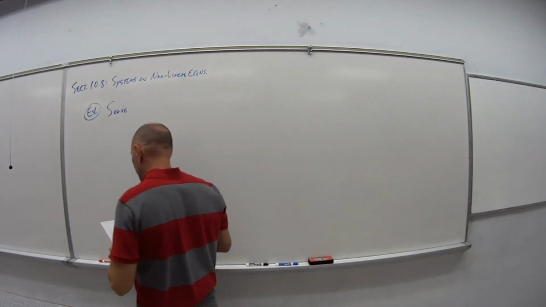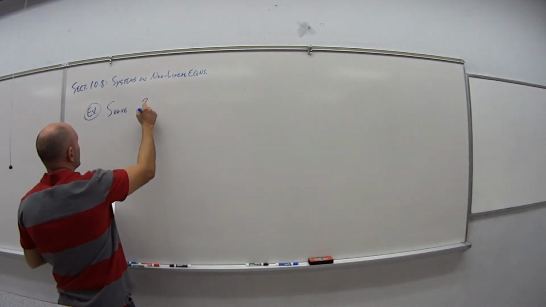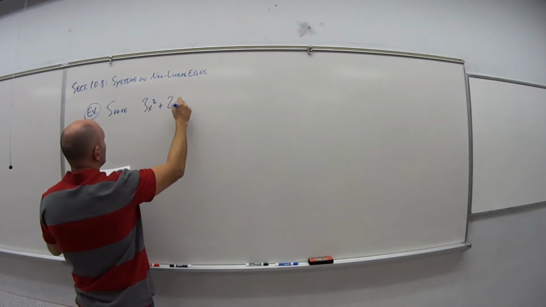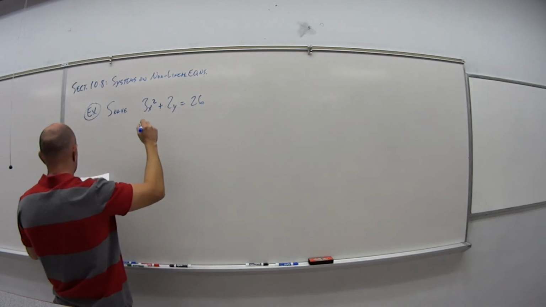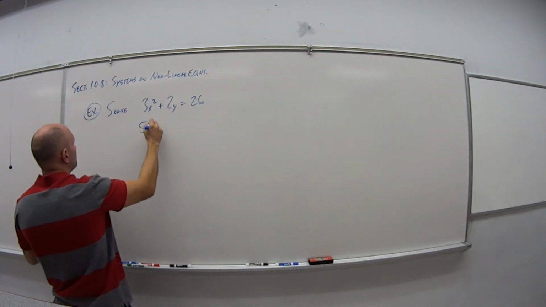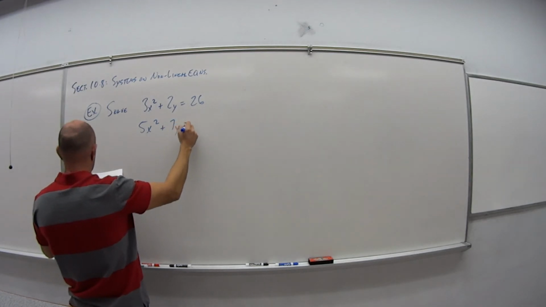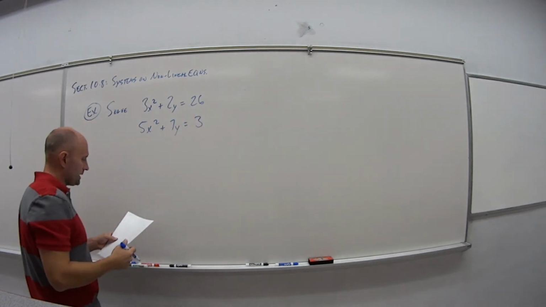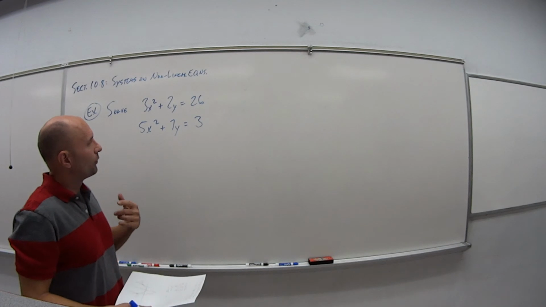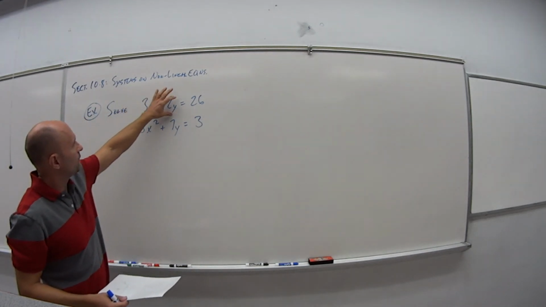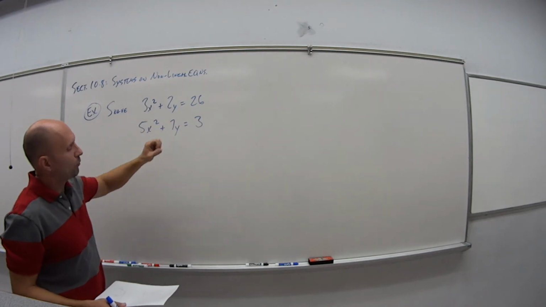All right, in this example, we want to solve 3x squared plus 2y equals 26, and 5x squared plus 7y is equal to 3. So in this situation, we have an x squared and a y to the first power, an x squared and y to the first power.